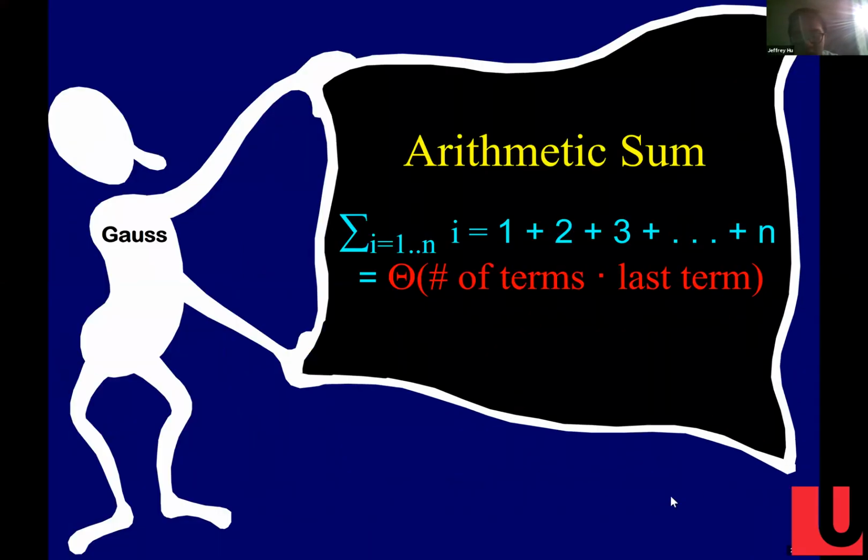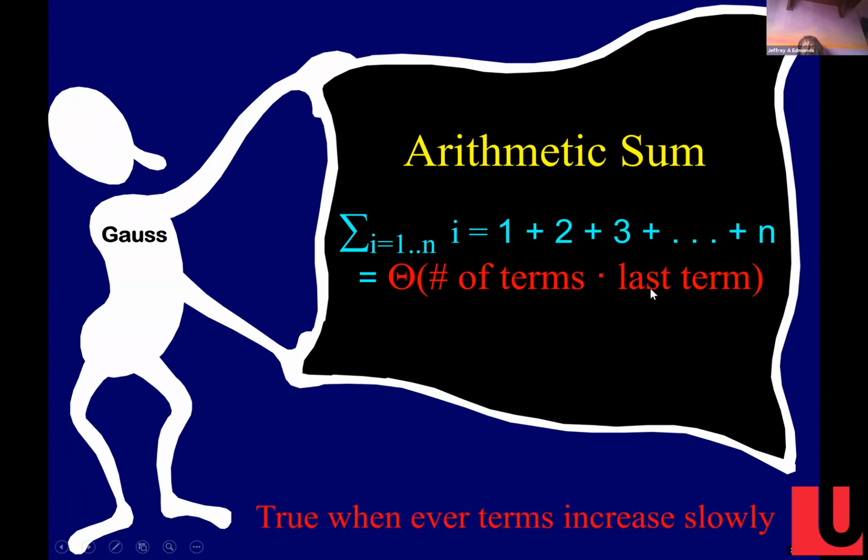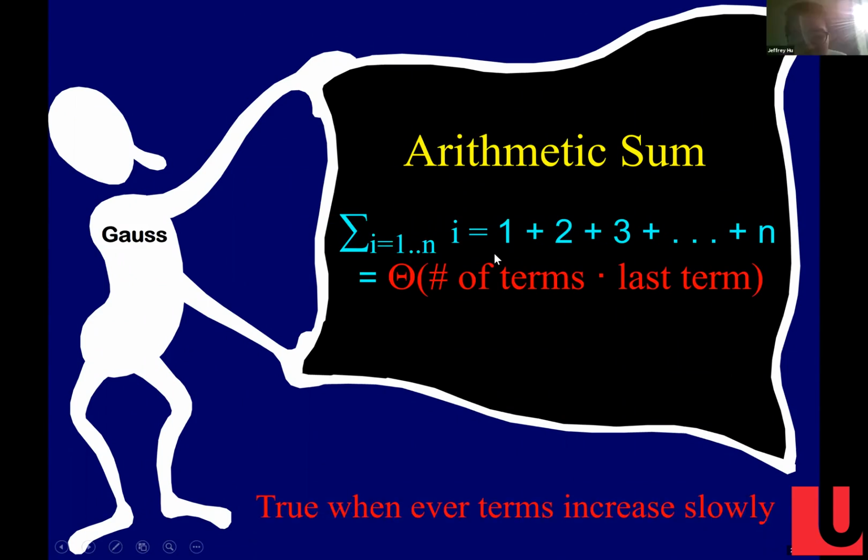It says if you're summing a bunch of terms, then one option is to take the number of terms times the biggest term. So here, this is times the last term and do a theta of it. This is true whenever the terms are increasing sufficiently slowly.